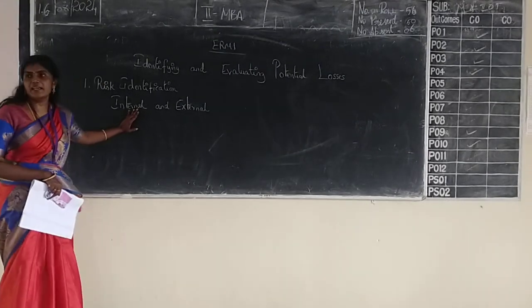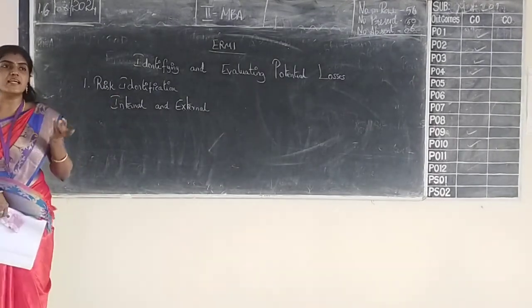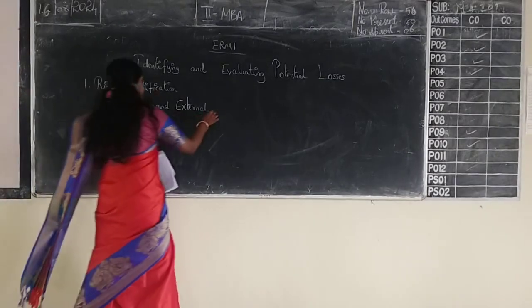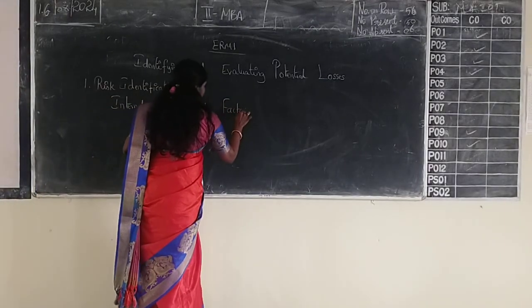Risk identification, you have two types of factors, that is the internal and the external factors, right?